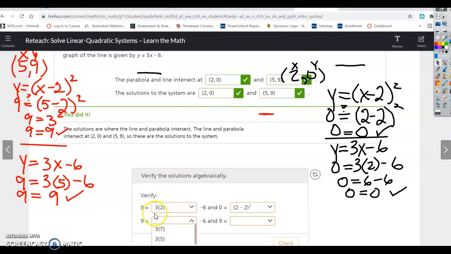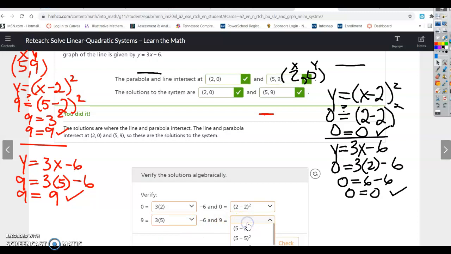And this side is our other point. They did the linear equation first. So we got 3 times 5 minus 6 equals 9, and 9 equals (5 minus 2) squared.